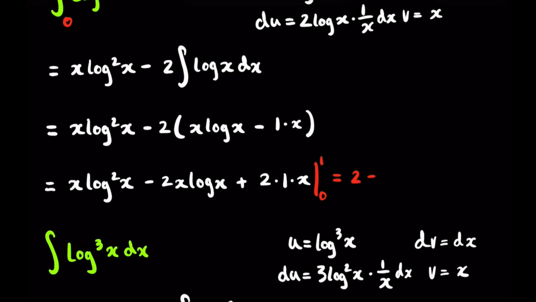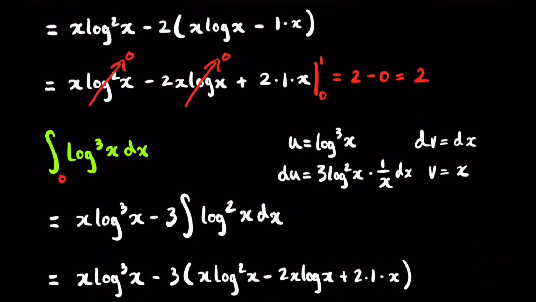Well, using our same exact technique that we used above, taking the limit and using L'Hopital's rule, we would find that this equals 0. We would see that this also approaches 0. And so we're left with the 2 times 1 times x, and when x is 0, that is also 0. So our final result here is 2 for this integral evaluated from 0 to 1.